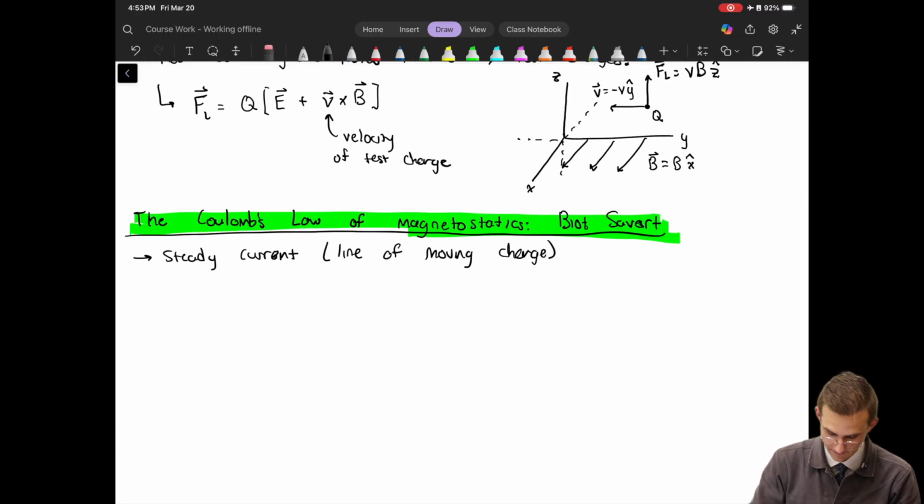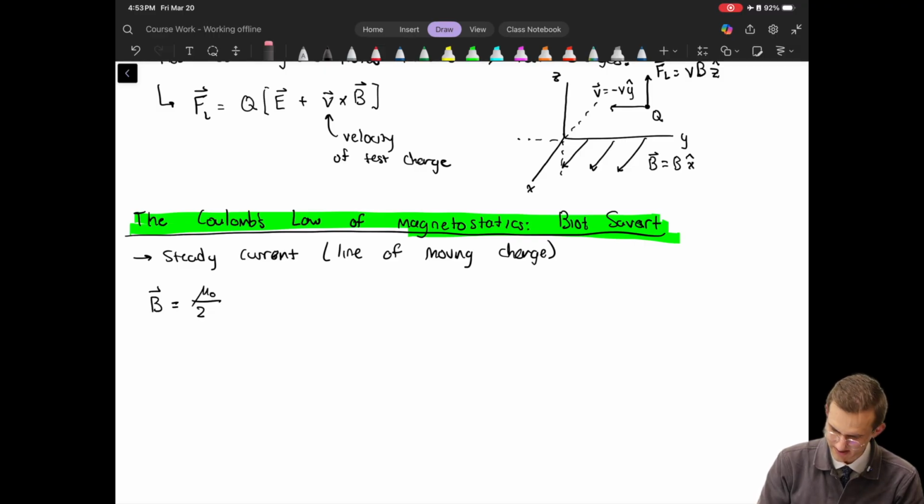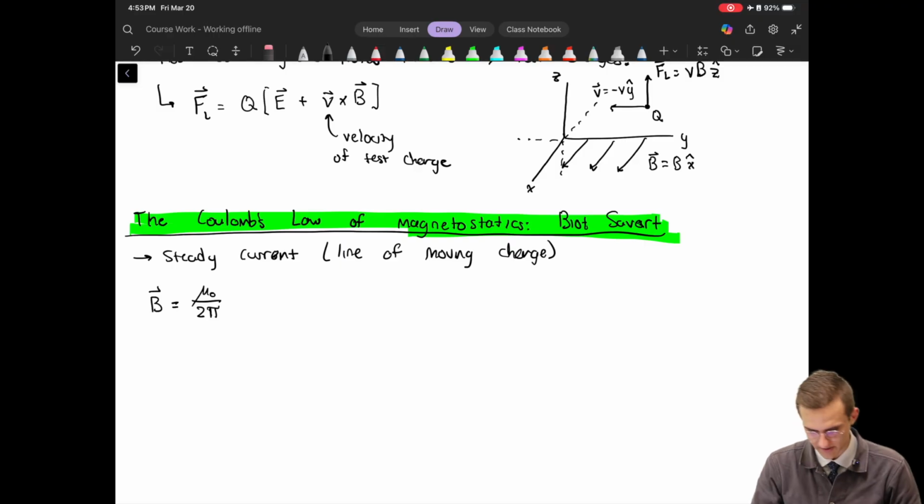That produces a B field, and that B field looks like this. It's mu naught, which is the vacuum permeability, and that one I think is 4 pi times 10 to the negative 7th or something like that. I can't remember the exact value. It's a defined constant.